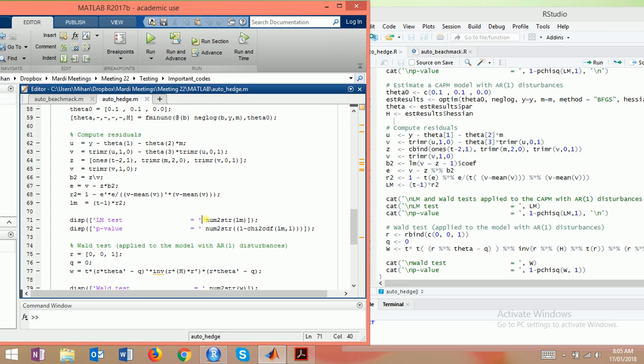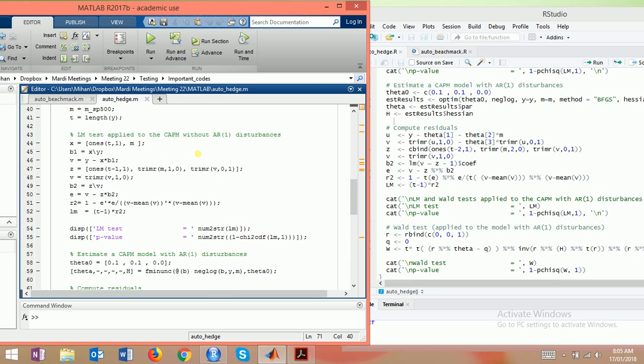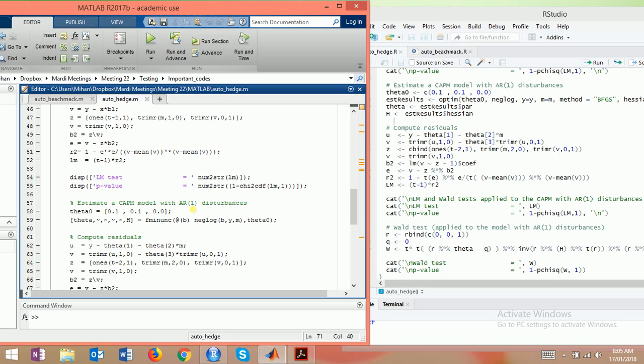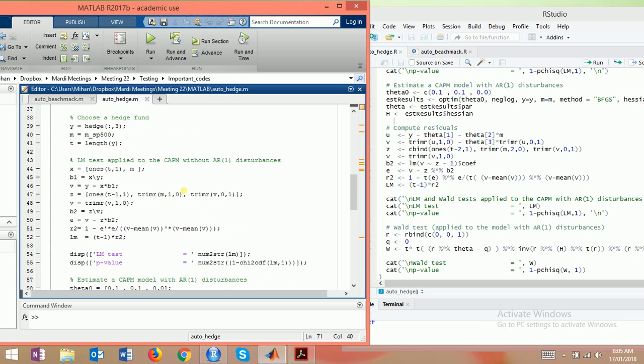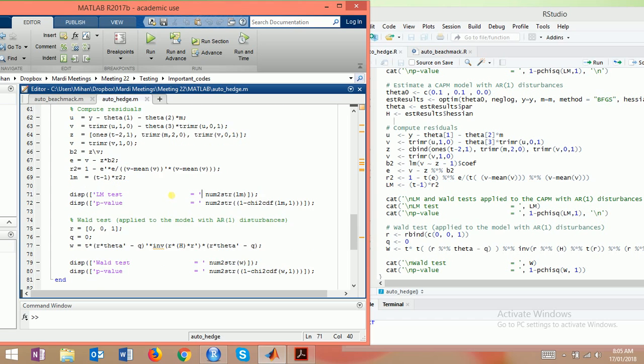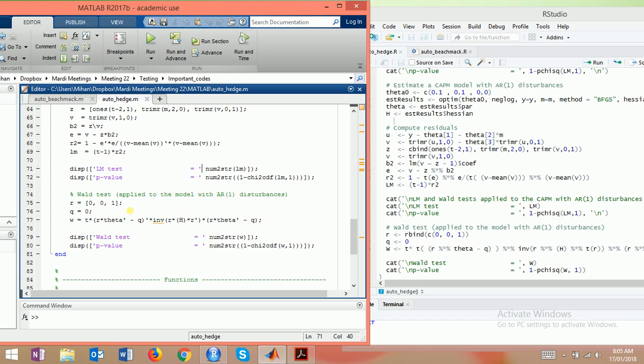Compute the residuals twice. First compute LM applied with AR1, compute the residuals, then estimate the model with AR1, and then we compute the residuals with the MLE estimation, OLS with MLE, and then Wald test 0, 0, 1.